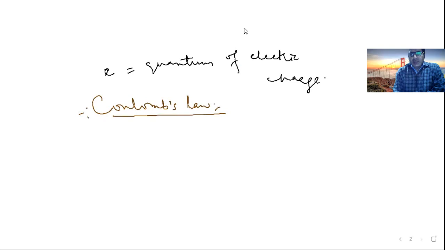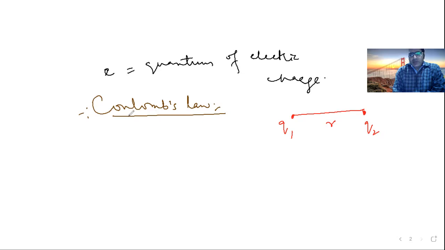It states that if we have 2 point charges Q1, Q2 separated by distance r, there will be an electric force between them, which can be either repulsive or attractive.